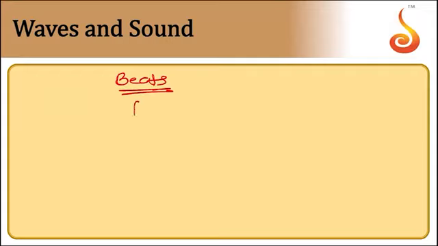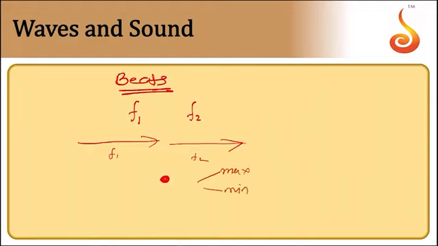So you have sound of frequency F1 and another sound of frequency F2. And the waves are traveling along the same direction. This is of frequency F1, this is of frequency F2. Now, if you consider a point there, then the intensity of the sound at that point changes from maximum to minimum periodically.